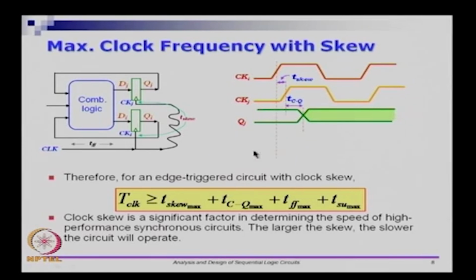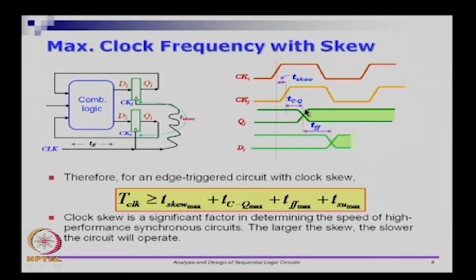Now if I want to look at the relationship between CKI and CKJ, let us look at the timing relationship. We are looking at the delay from flip flop QJ to flip flop I, the path starting from QJ and going to I. The moment CKJ comes through, you have a clock to Q delay of the QJ flip flop, which you have to account for.